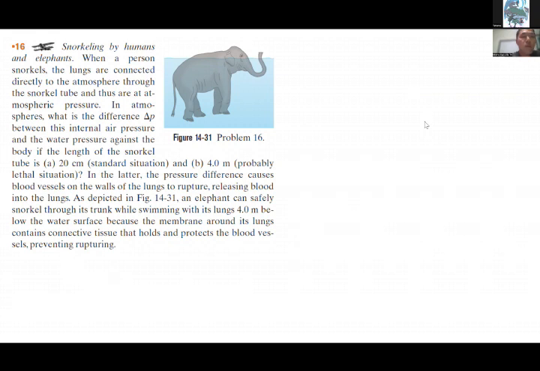Number 16, snorkeling by humans and elephants. When a person snorkels, the lungs are connected directly to the atmosphere through the snorkel tube and thus are at atmospheric pressure. In atmospheres, what is the difference delta P between this internal air pressure and the water pressure against the body if the length of the snorkel tube is A, 20 centimeters, standard situation, and B, 4 meters, probably a lethal situation.